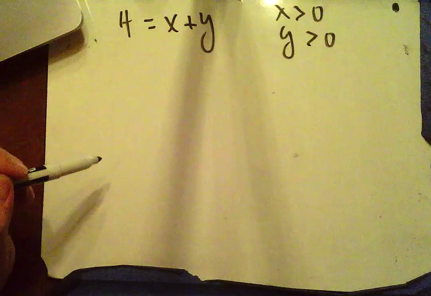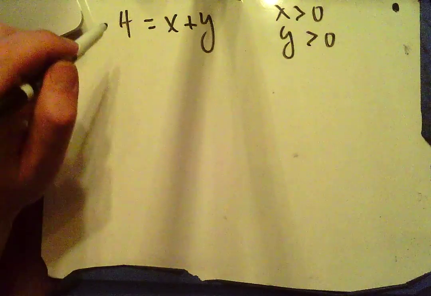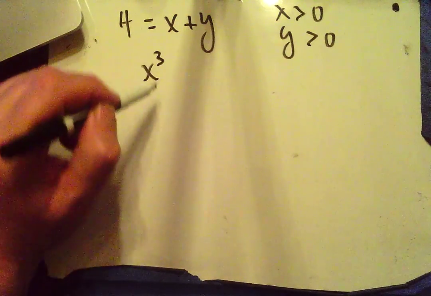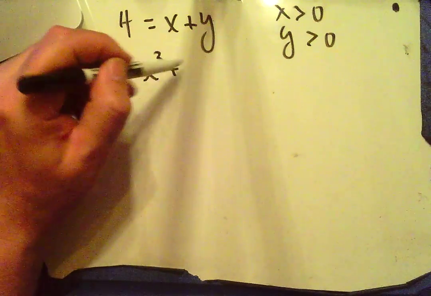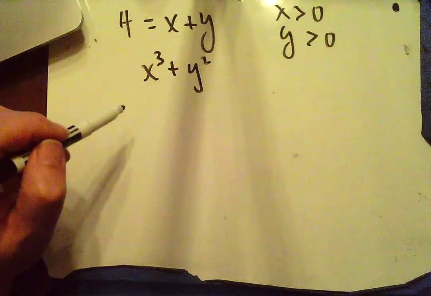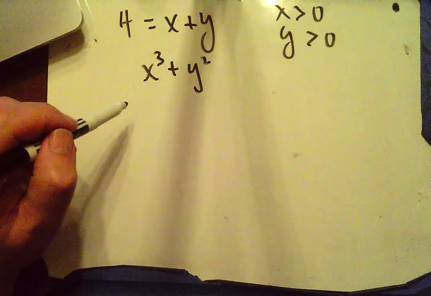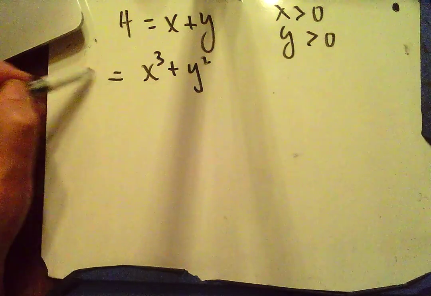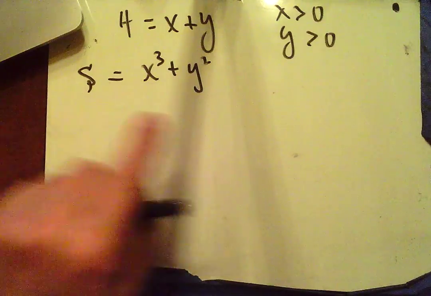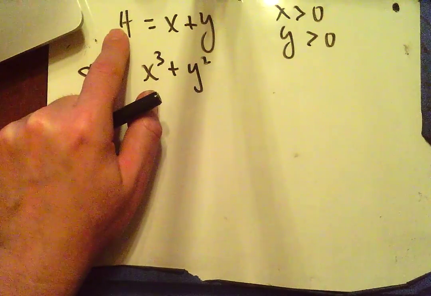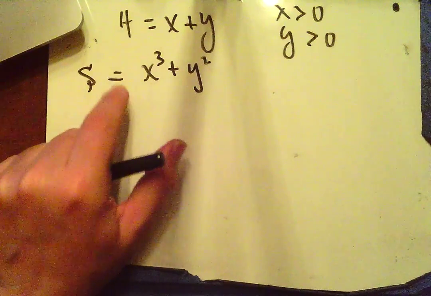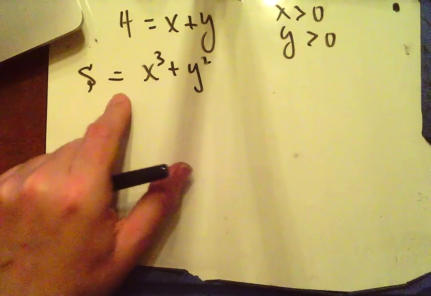In such a way that the sum of the cube of the first number plus the square of the second number is as small as possible. So sum. See how it's not equal to a number? Helping equation, the one you want to take the derivative of.